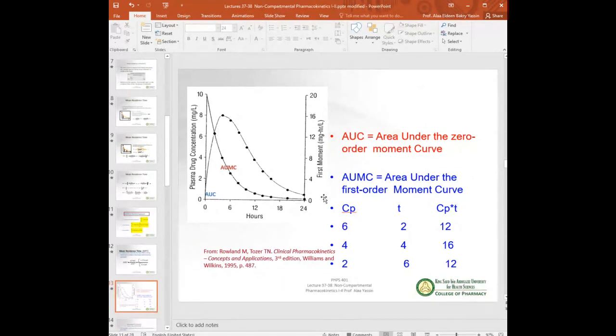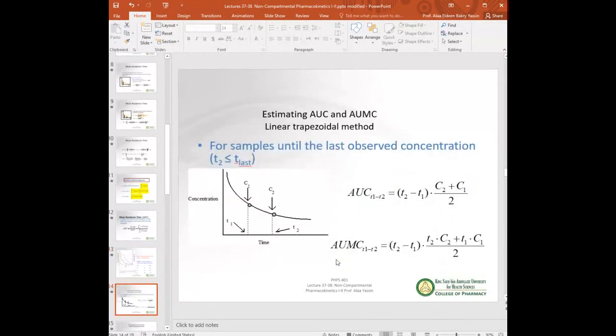If we take this area, AUMC, and divide it by the AUC, we end up with the mean residence time, exactly like this. So we can determine them using the trapezoidal method. We know the trapezoidal method goes till the last sampling time, and we will not reach zero.